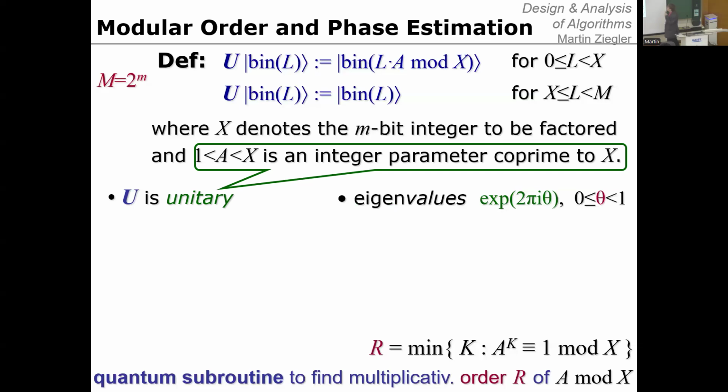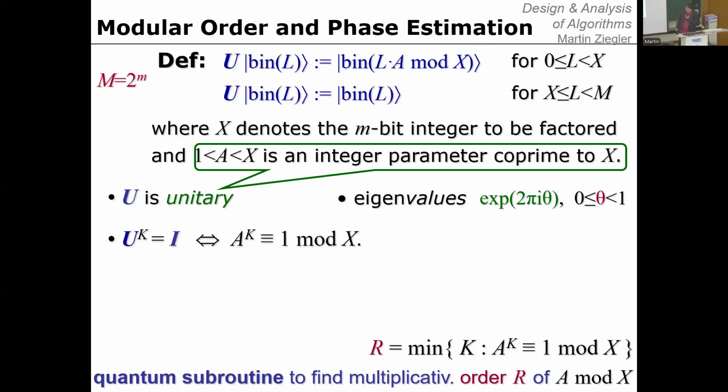Remember, if it's unitary, then we know that its eigenvalues are of this form with a phase parameter theta, a real phase between 0 and 1. And the goal of this slide is to explain to you how this phase parameter that we want to determine in the quantum phase estimation problem relates to the order that Shor's algorithm wants to know as a subroutine.